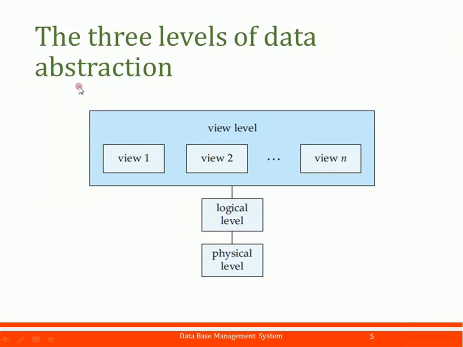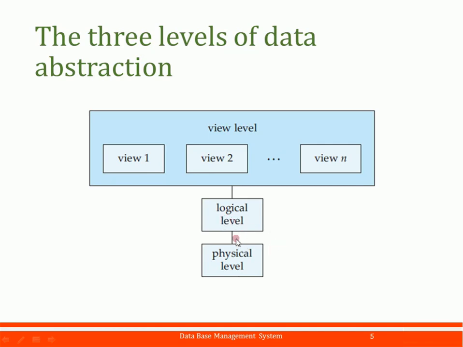So for this, we have three different levels of data abstraction. The first level is the physical level, which shows the data that is physically stored in the databases. So this is the physical storage of the data. Above this, you have the logical level.